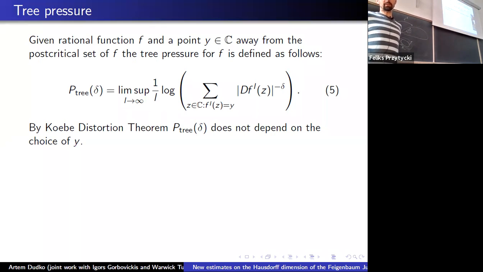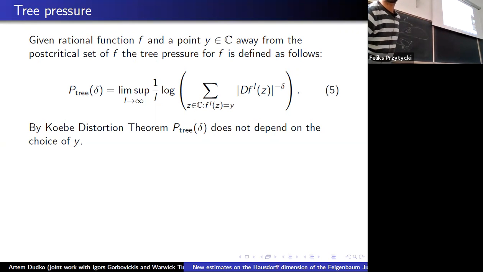Given a rational function f and a point y away from the postcritical set of f, we consider the sum of derivatives of f^L over all preimages of y under f^L, raised to the power minus delta, take the logarithm, divide by L, and consider the limsup. This is one of several pressures, particularly defined by Feliks Przytycki and studied extensively with co-authors.